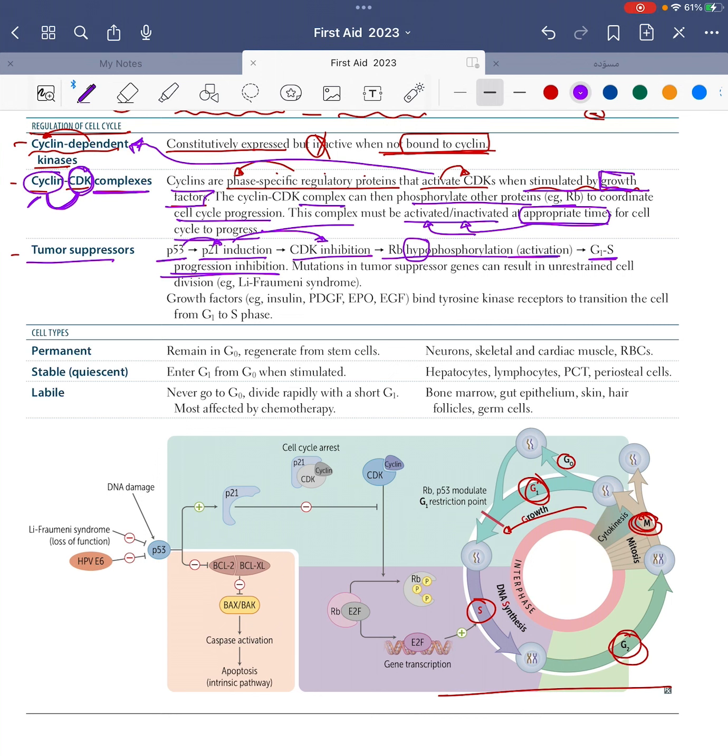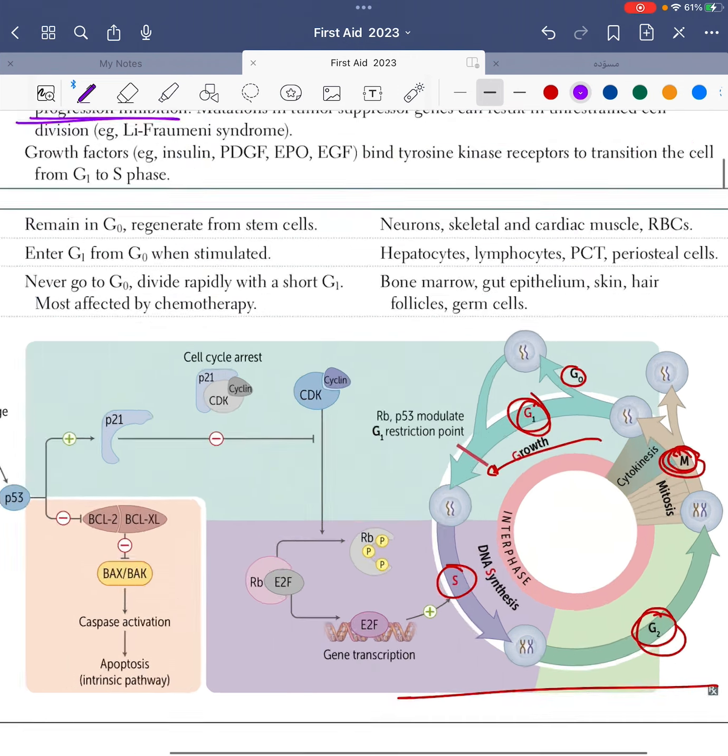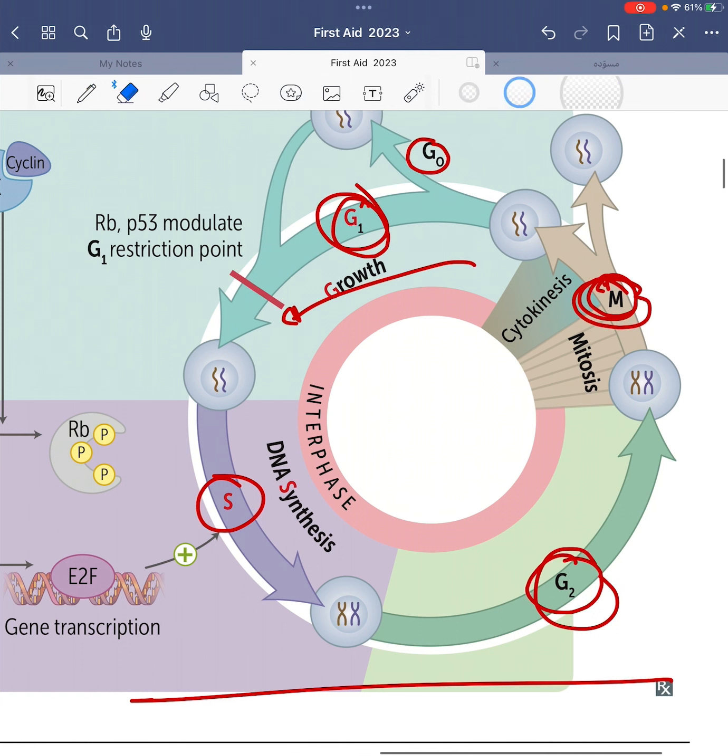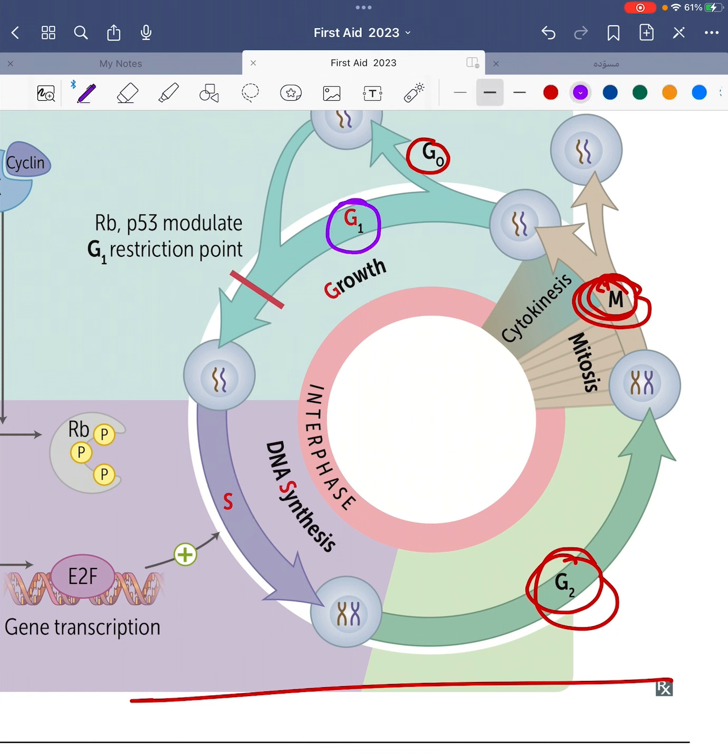So it does not move from the G1 to the S phase. If we take a look over here, this is the G1, and the cell should move from the M phase to the G1 and from the G1 to the S phase.